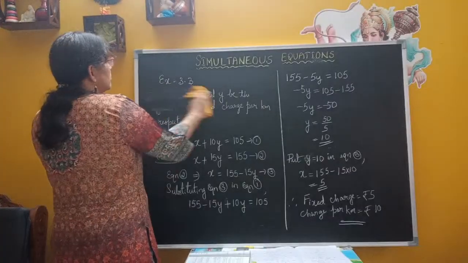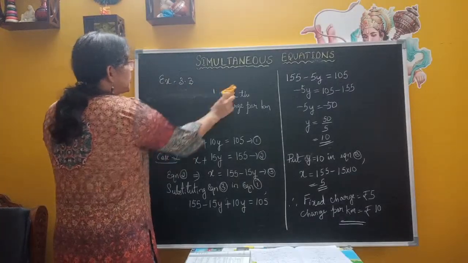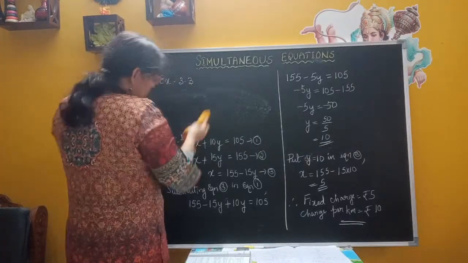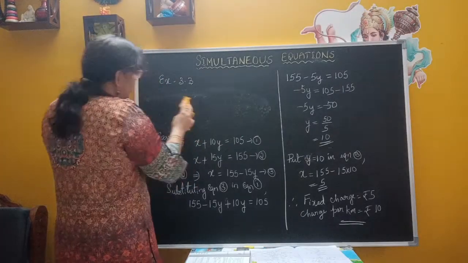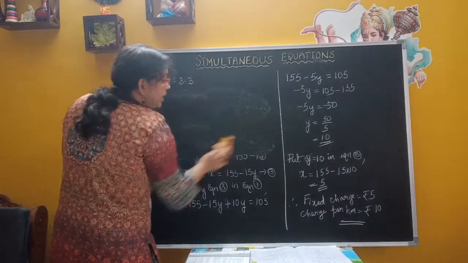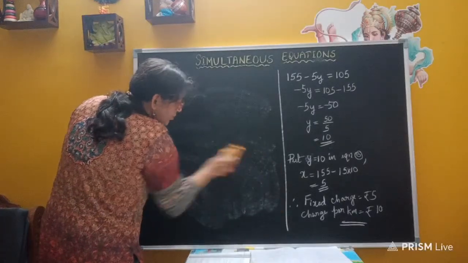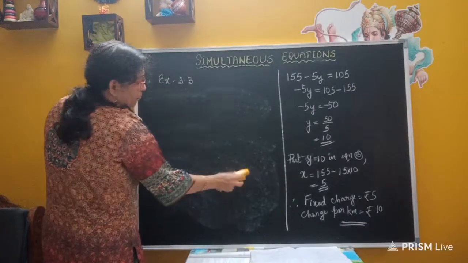Okay, so let me take the next problem. It is the 6th problem. Okay, for the 5th one, let me discuss how to get the equation. After framing the equation, you can do this problem on your own.